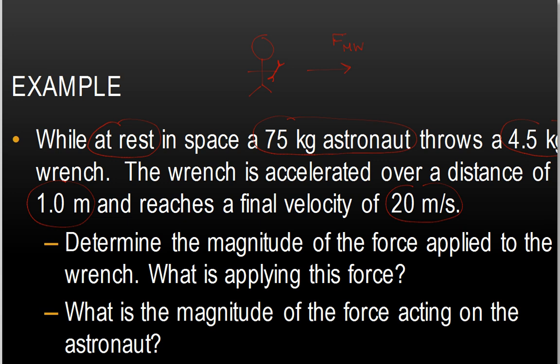I think you guys have seen this in real life. There's an equal and opposite reaction force. I throw the ball that way, so I must get pushed this way. If there's not a lot of friction, I'll notice it. If I'm standing on the ground, I don't notice it, right? So there's the force from the wrench on the man, equal and opposite.